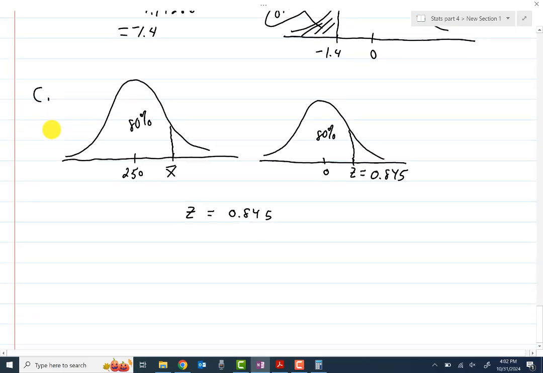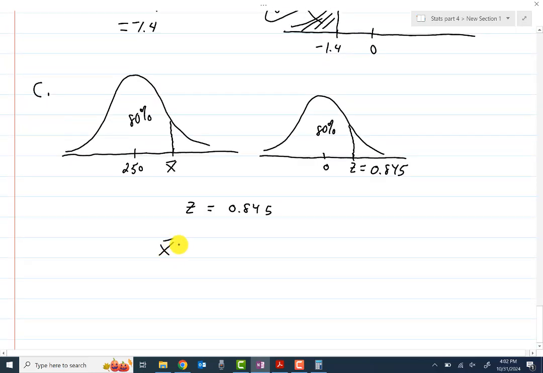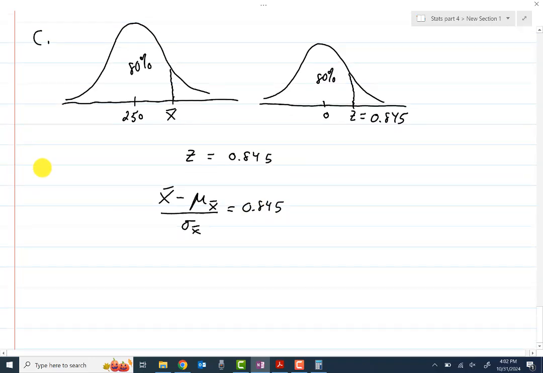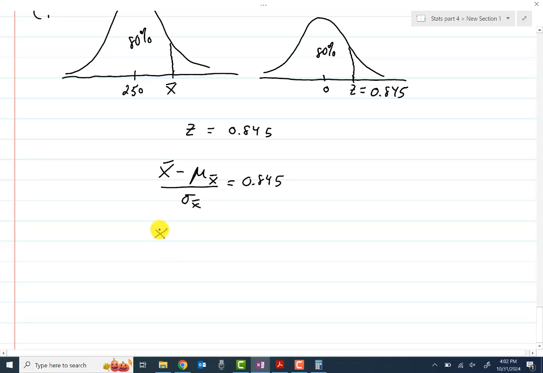Now let me replace z with its formula. This is where I slide a 1 underneath of that number.